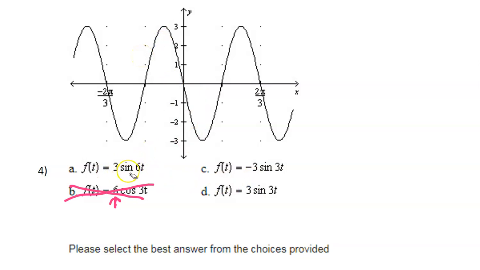So the next thing I want to talk about is the b value. The b value is the number that sits right here inside the function. So option A has a b value of 6. Here's why that's important.